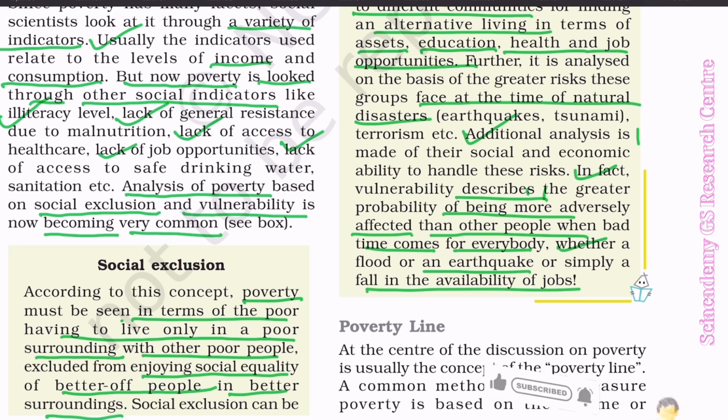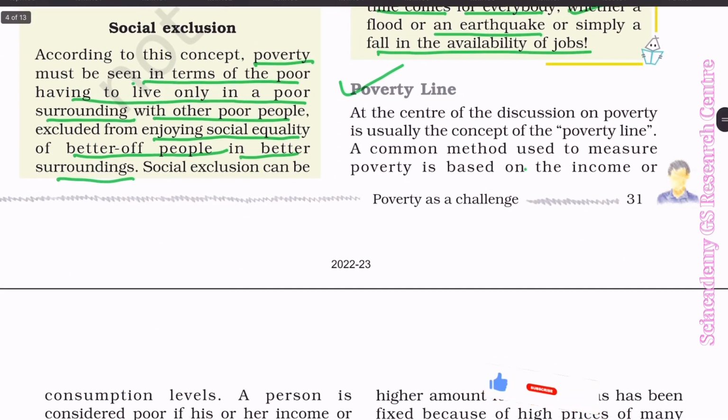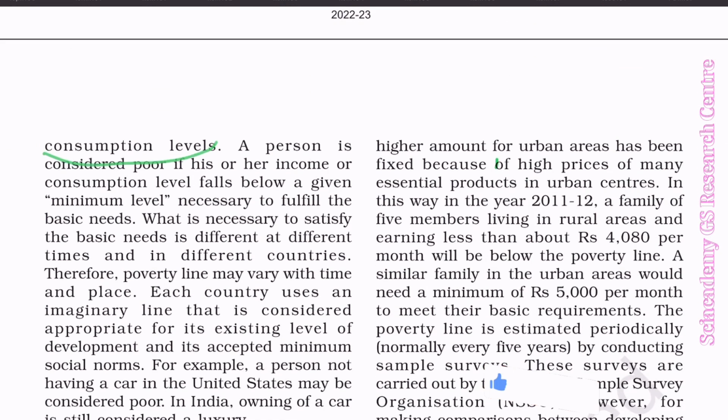Poverty line. At the center of the discussion on poverty is usually the concept of the poverty line. A common method used to measure poverty is based on the income or consumption levels.